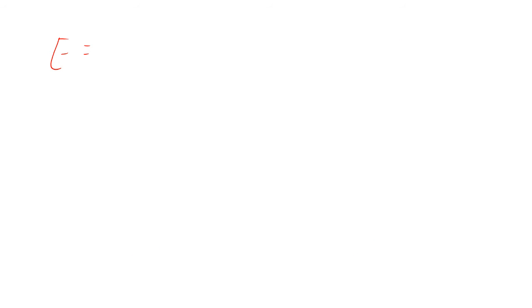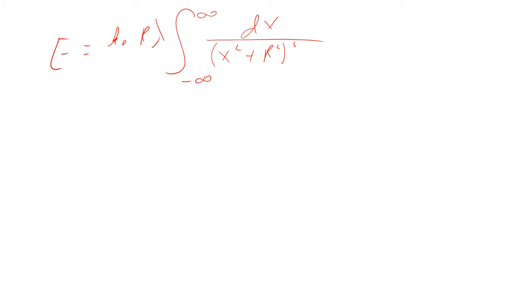So that comes out to be equal to K sub E R lambda times the integral from minus infinity to infinity of dx over x squared plus r squared to the 3/2. Okay, and so now we just need to solve that integral. Well, how do we solve that integral?